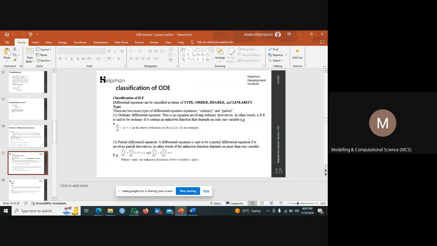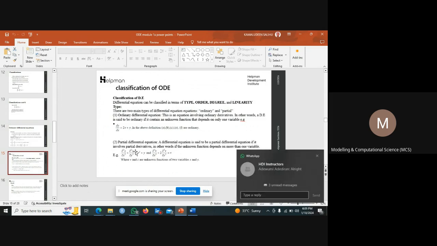In other words, the unknown function depends on more than one variable. So when we look at this, we see the independent variables here are x and y, unlike this one that we have to be only x.